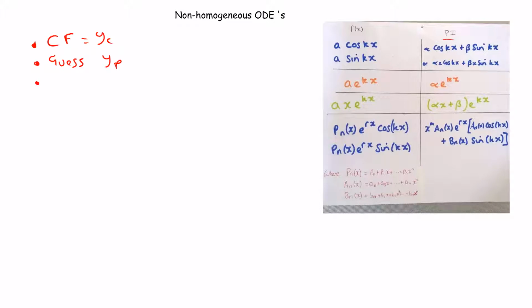From there we calculate the constants. So here we had to find out what alpha was and what k was. K was 1 for us, and then we worked out alpha as an eighth by differentiating the particular solution and then subbing it into the original ordinary differential equation. And then finally we summed yc and yp to give us the general solution.